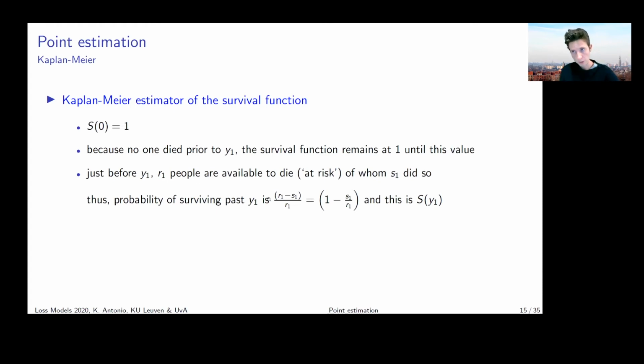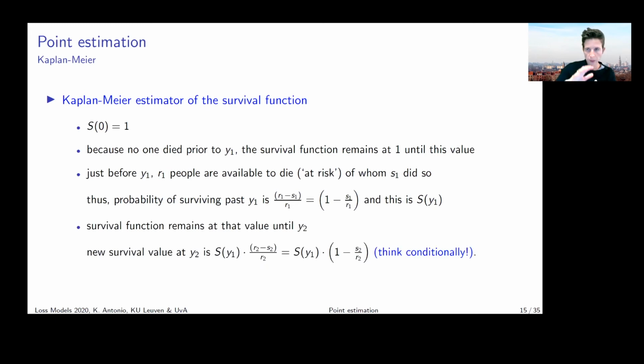So the complement of that, 1 minus S1 divided by R1, is the probability of going beyond the value Y1. That should be the value of the survival function in Y1, because the survival function in Y1 is the probability that the random variable of interest is strictly larger than Y1.